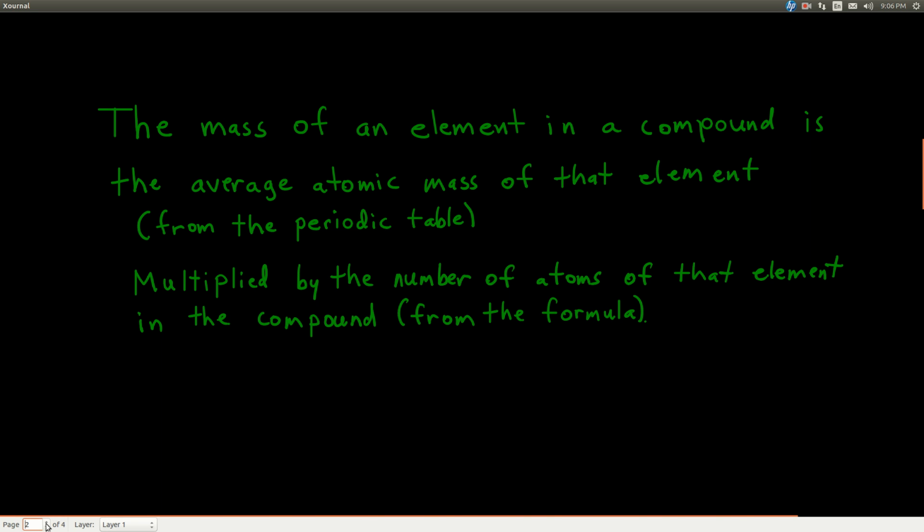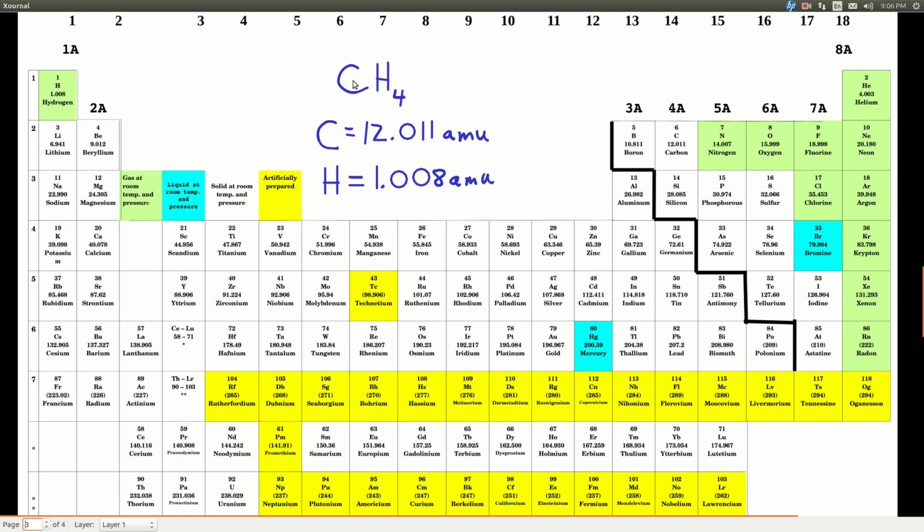And watch. So let's say we're looking at methane, CH4. Well, the mass of carbon in that compound is, there's one carbon, and each carbon weighs 12.011 AMUs. We get that from looking at the periodic table. Remember, AMU is a unit of mass, that atomic mass unit.